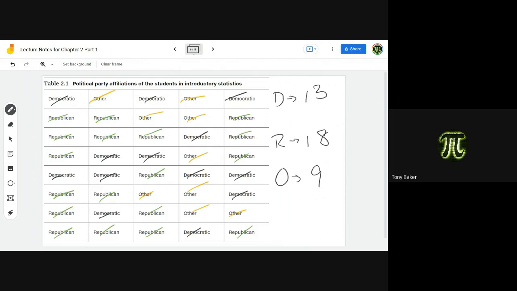Now, the interesting thing is if you looked at the actual political, actually, I'll find it. So I'll get the actual numbers. Nope. Nope.